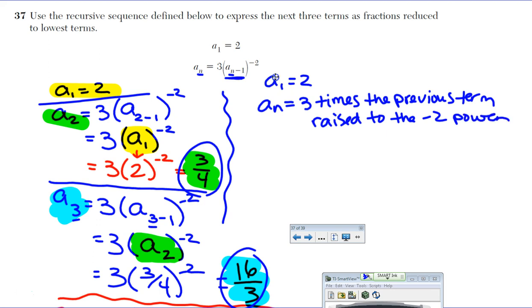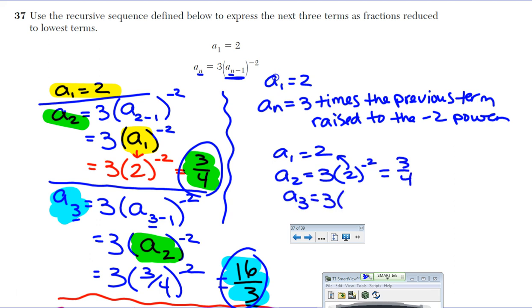So if you know how to read that, then when you say A1 is 2, then you know that A2, the next one's going to be 3 times the previous one raised to the -2, and you can just easily do that computation. And then when you do A3, it's 3 times the previous term raised to the -2.